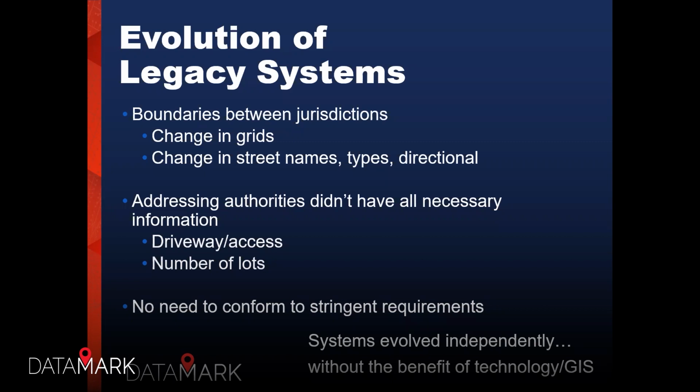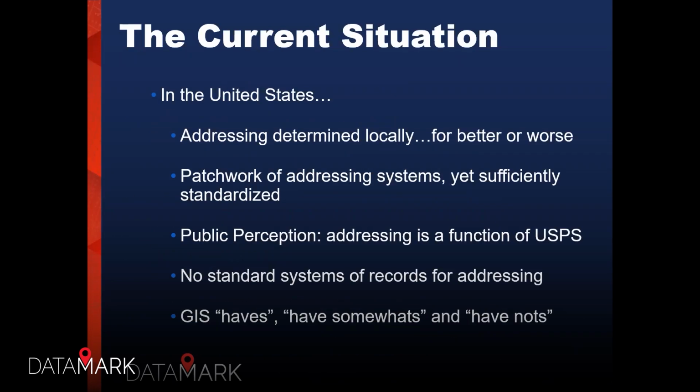And so we find ourselves in an interesting place as GIS professionals looking to focus on documenting the addresses that have already been created across multiple systems in some places, with the benefit of technology, having to sort out how we can manage and maintain high quality data about address locations that evolved independently.